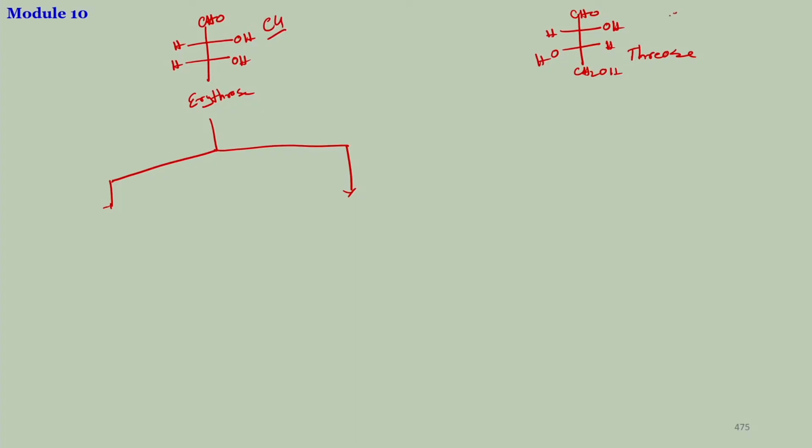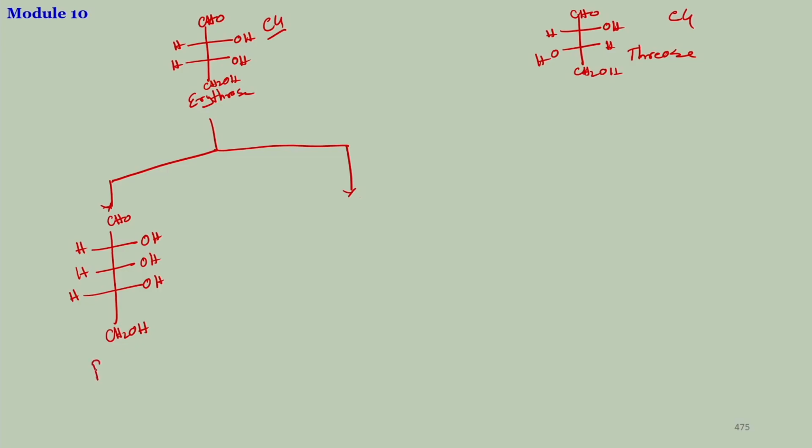From here, one step up in the ascending series, five carbon: CHO, OH, H, OH, H, and this should be CH2OH. Now the new one can be OH in this direction.